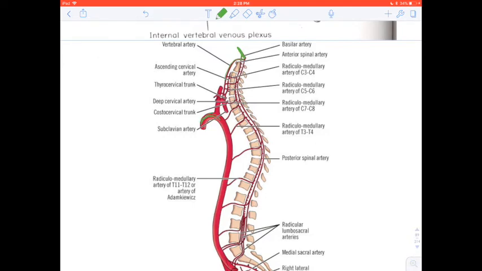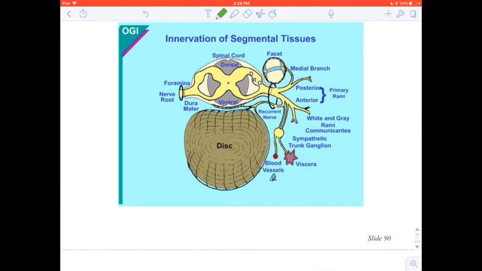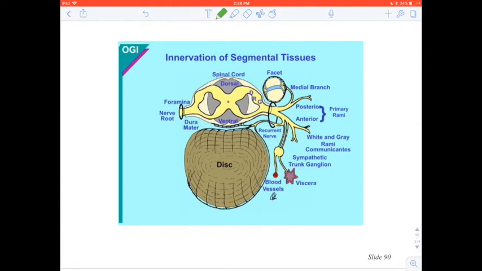So common carotid comes off, it breaks up into external and internal, up to the brain. So we already have a rough idea of how this goes. And we have all these little accessory arteries running and feeding the spinal cord here. Again, just more of what we've talked about. This just outlines all the stuff that we've seen already. And we see how some of these nerves join up and crosstalk.